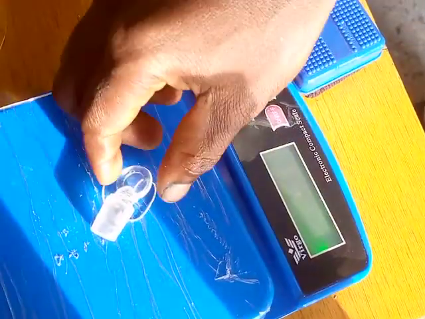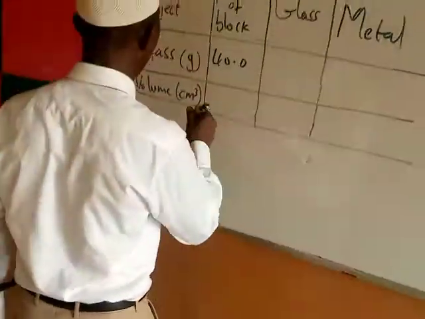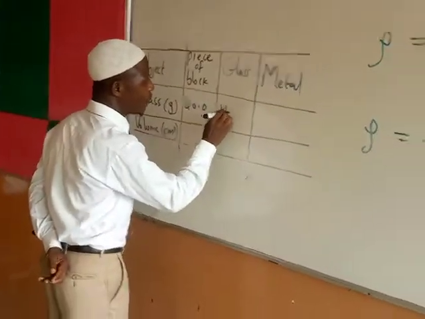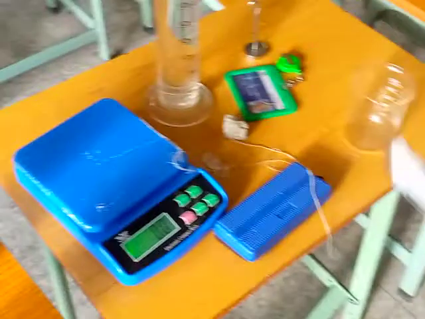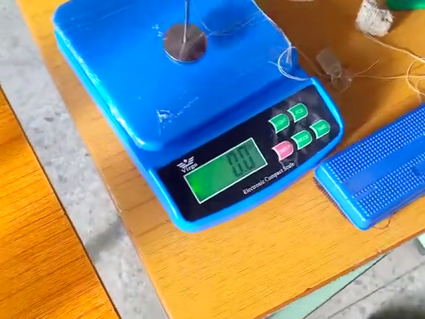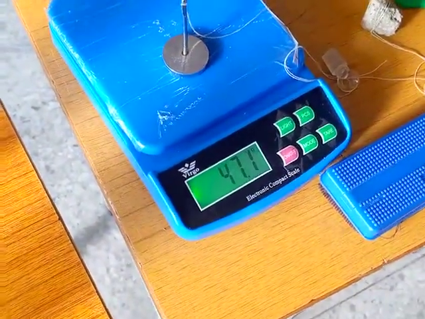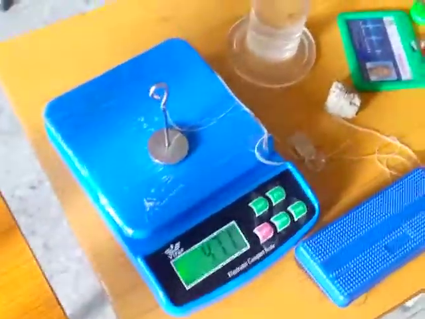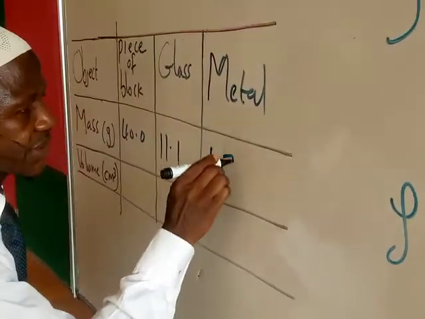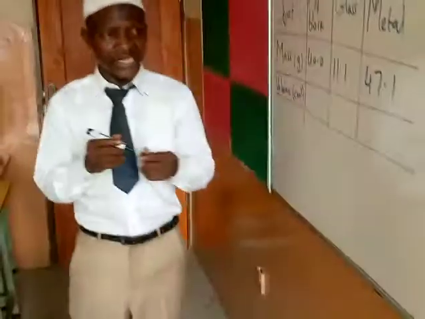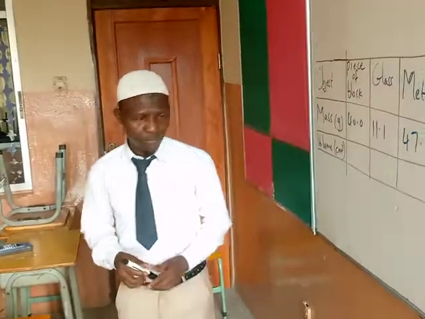The glass is 11.1 gram. Now, what of the metal? The mass of the metal is 47.1 gram. Now, let's go and determine their respective volumes.